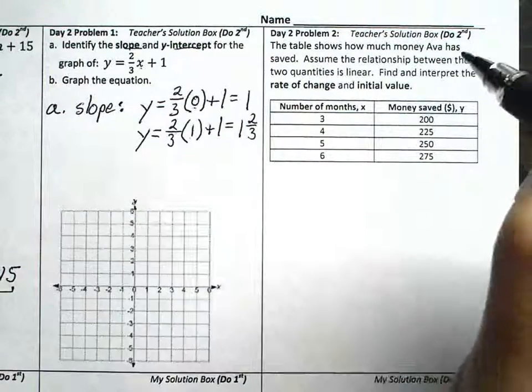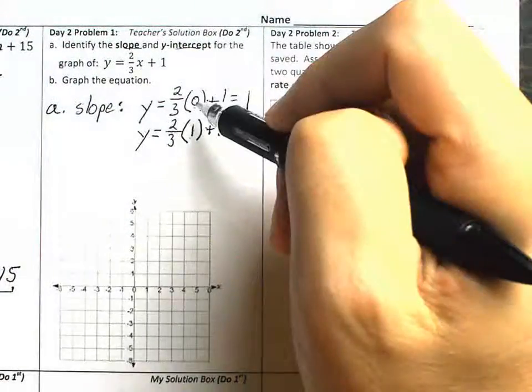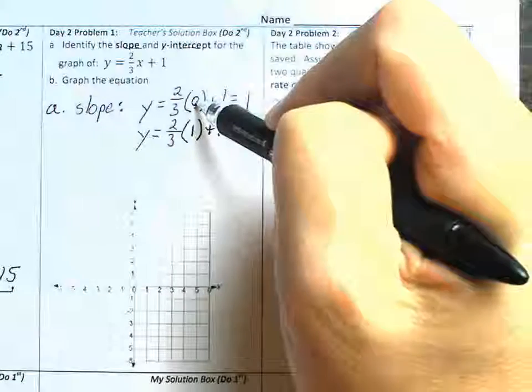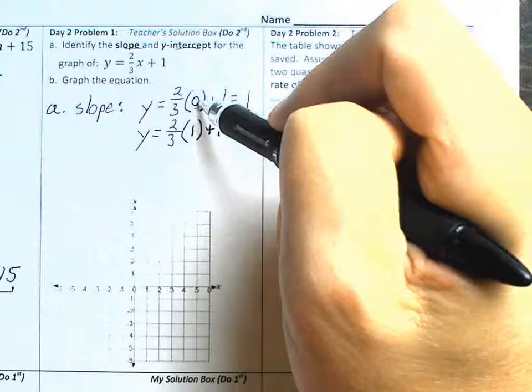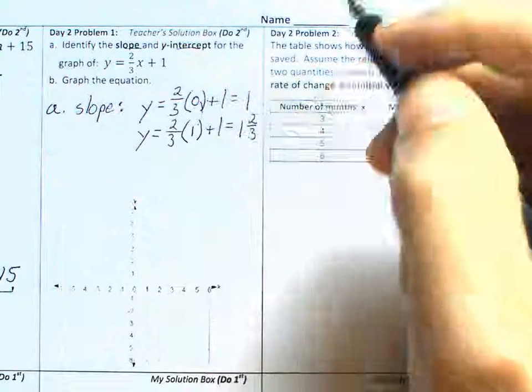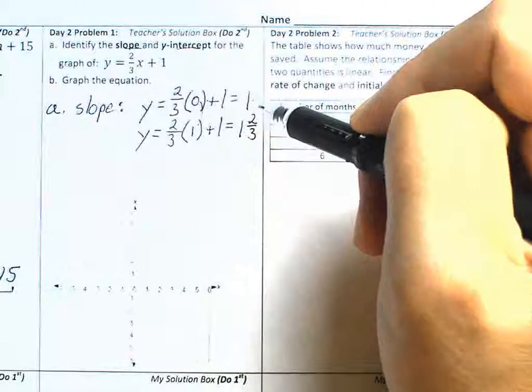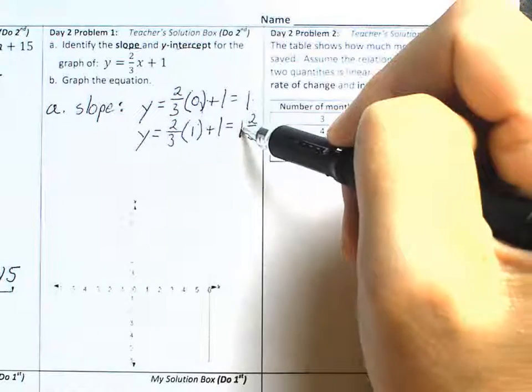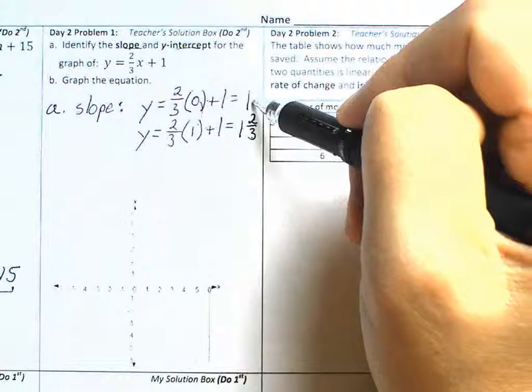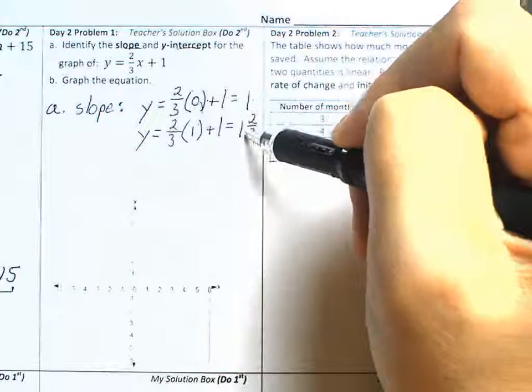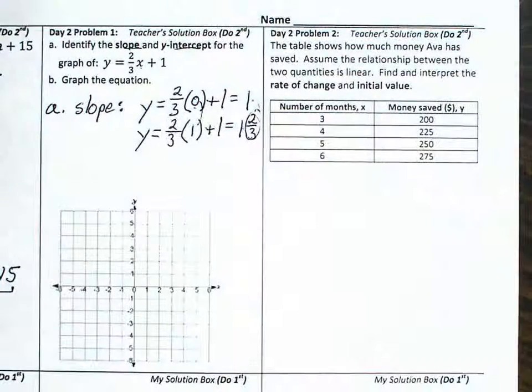Okay. So what's happened here? When x has changed from 0 to 1, meaning when x has increased 1 unit, the y value changed from a positive 1 to a positive 1 and 2/3. It has increased by 2/3, and we can write that down as a rate.